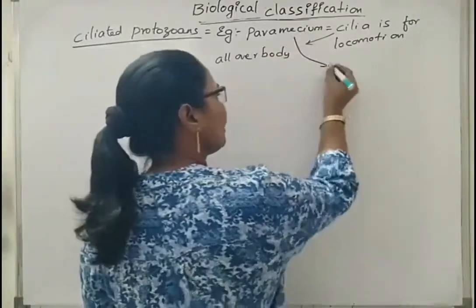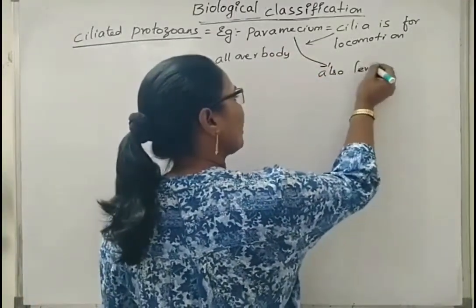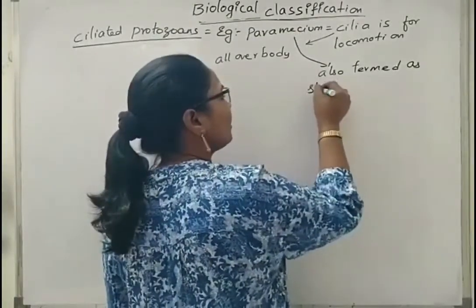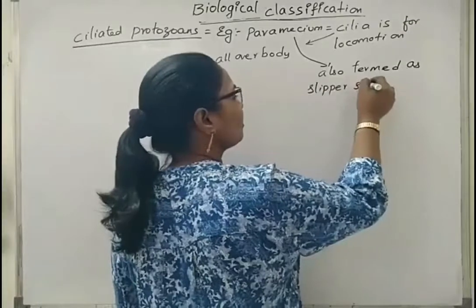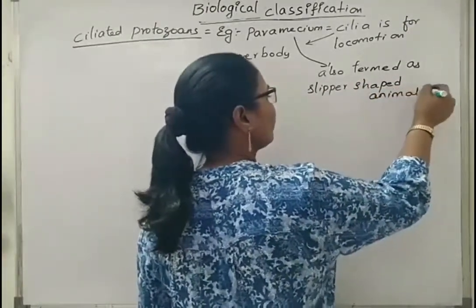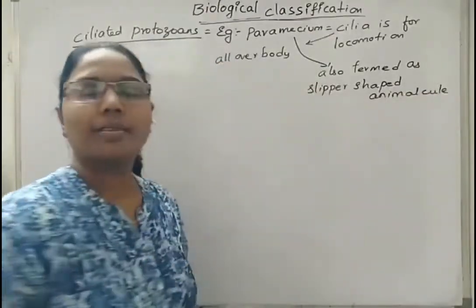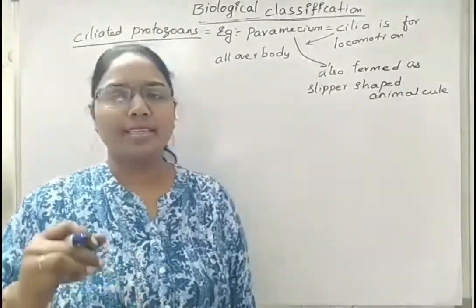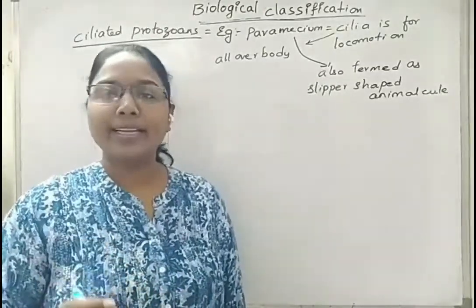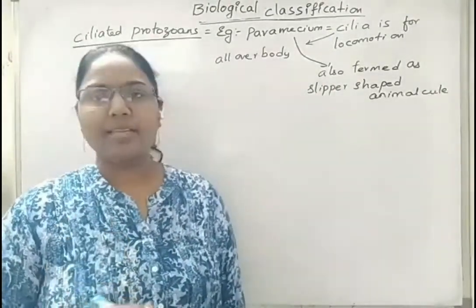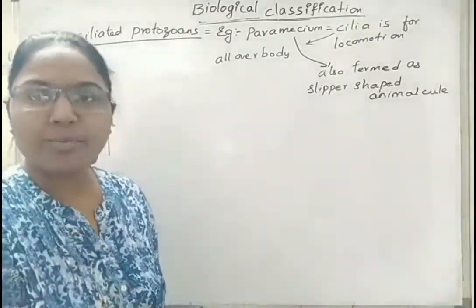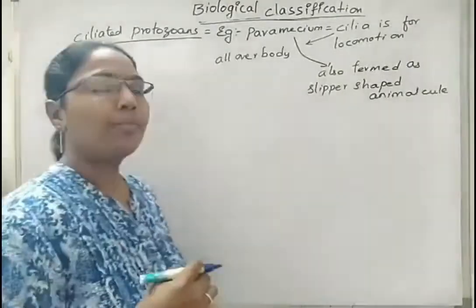Paramecium is also termed the slipper-shaped animalcule. I told you one word when we discussed Euglena, which is termed the spindle-shaped animalcule. Same way, Paramecium is termed the slipper-shaped animalcule. That term is given based on the shape of the organism.